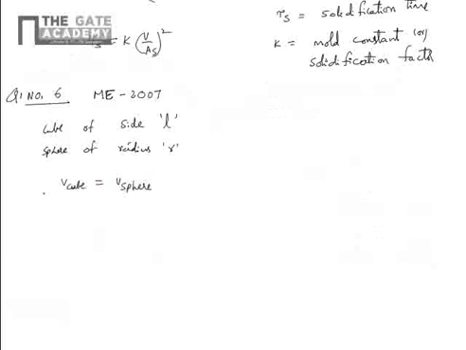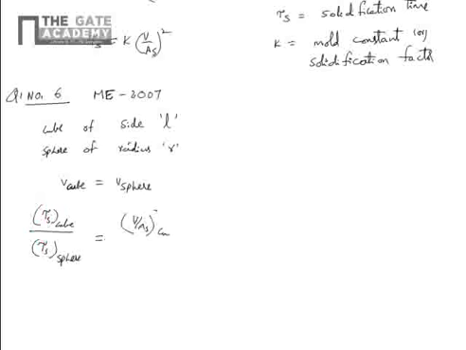The ratio of solidification time of the cube to the solidification time of the sphere. Here V by As of cube by V by As of sphere, since solidification time is proportional to (V by As) whole square. So that's why we have used V by As. The volume is equal for both. He has mentioned As of sphere by As of cube.